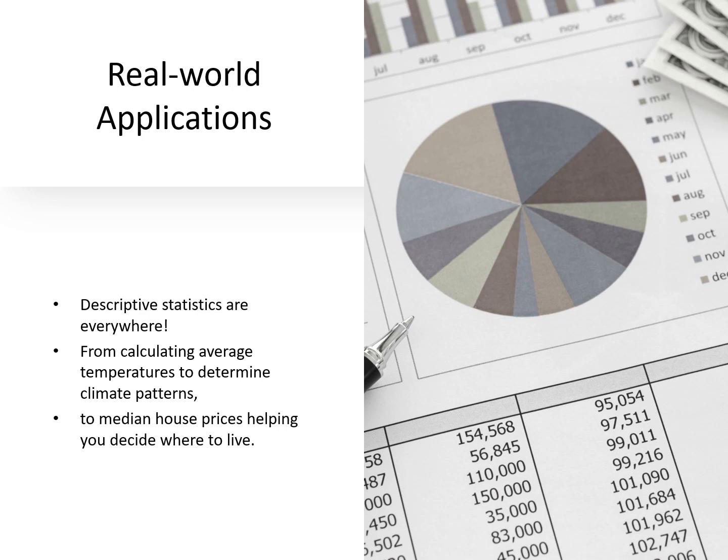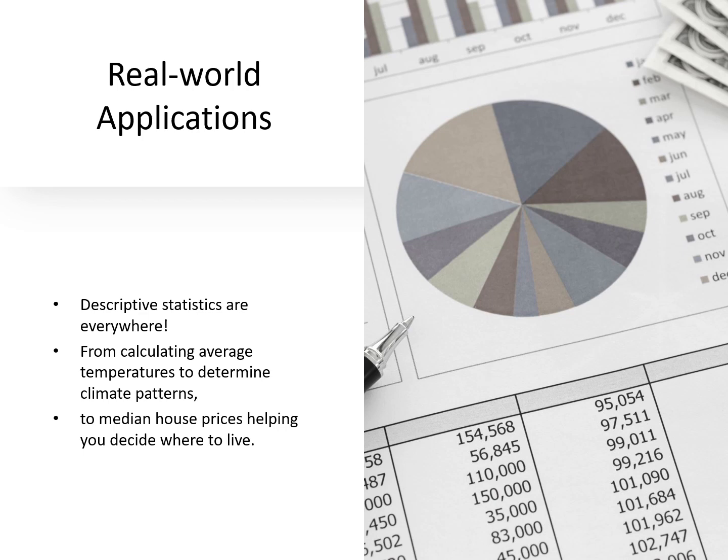Well, it is a simple idea that helps in many areas, like figuring out typical weather or deciding house prices. We can use descriptive statistics in sales and marketing also. So we are using it.